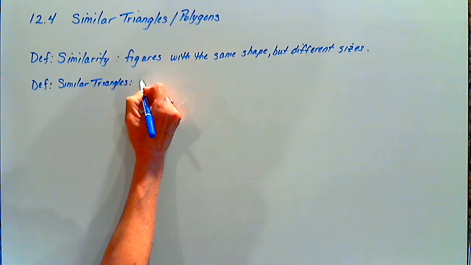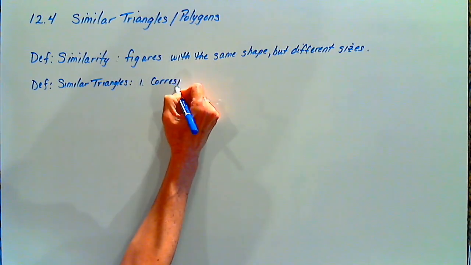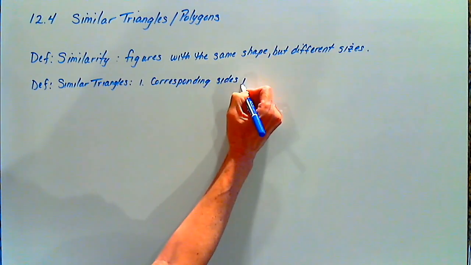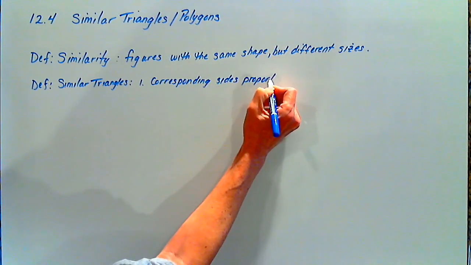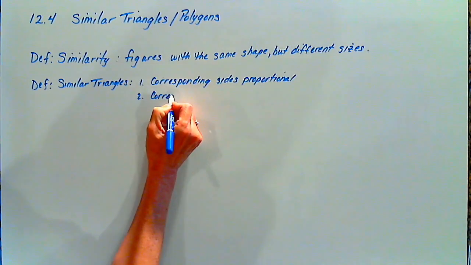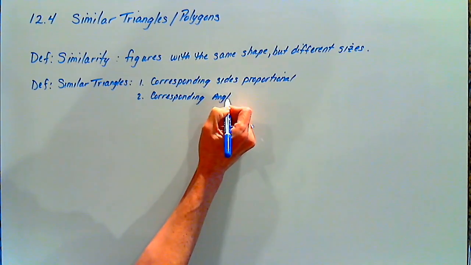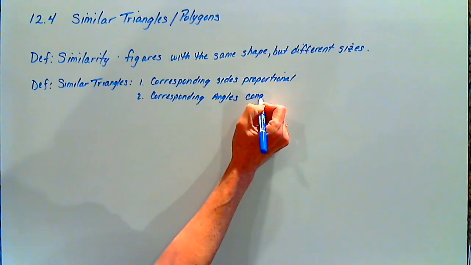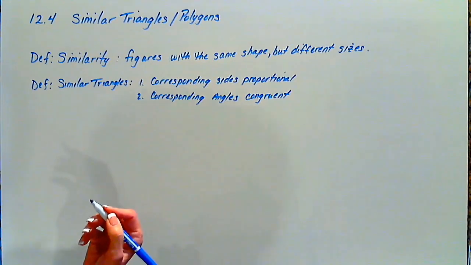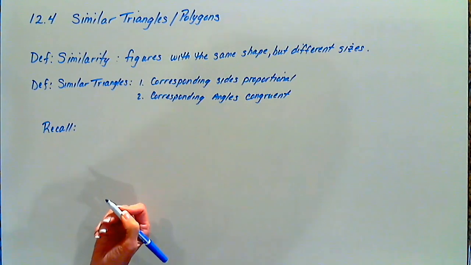Similar triangles have corresponding sides proportional, and corresponding angles congruent. So let's just recall from what we have done in the past, what do we mean by corresponding sides and corresponding angles?